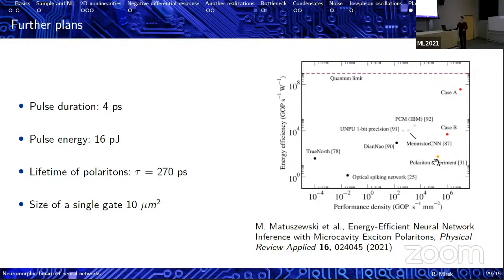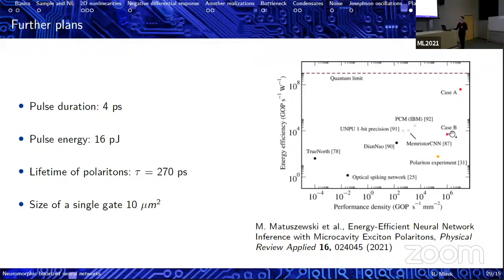So we are somewhere here. On this axis we have energy efficiency, and this is performance density. We can also check how many operations per millimeter square per second we can do. So we are somewhere here, and we can still improve.